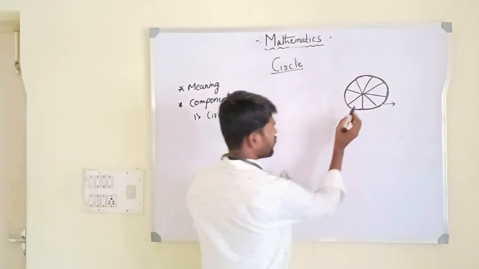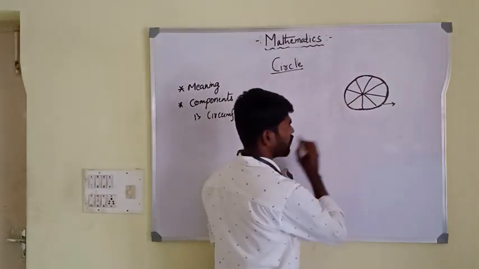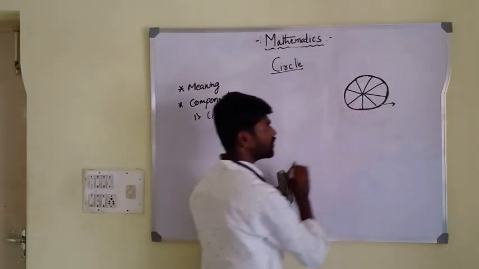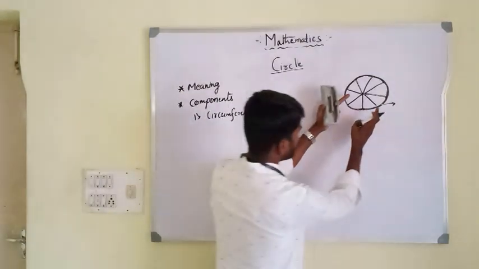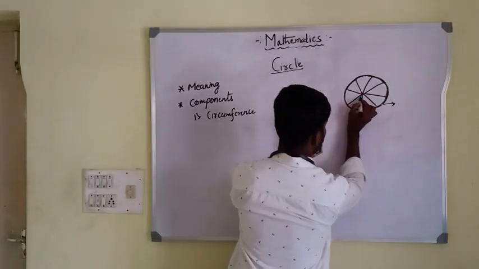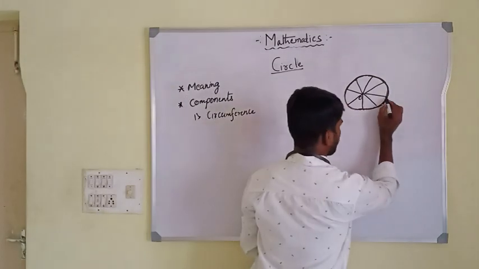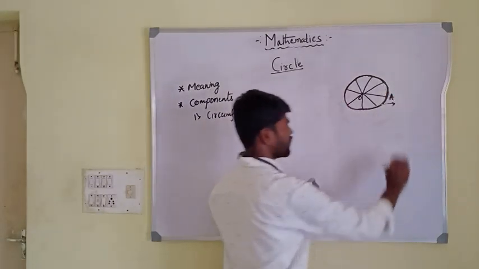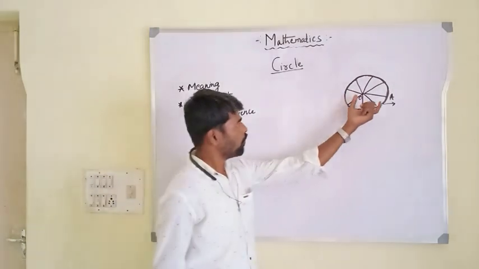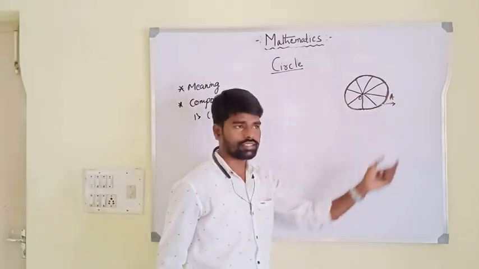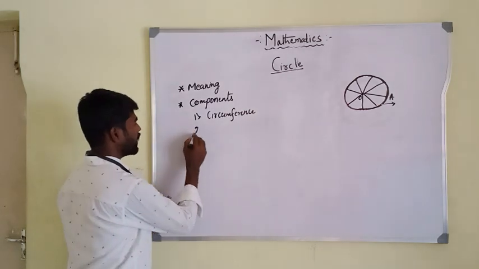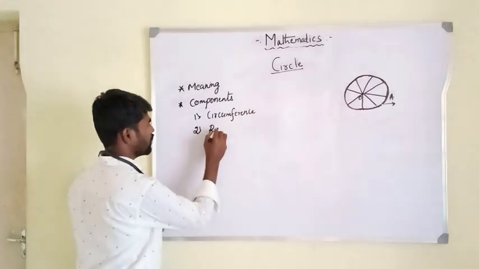So now this is center and this is a point on the circle. Let us take the center as O and rename this point as A. The length of OA is called radius of the circle.